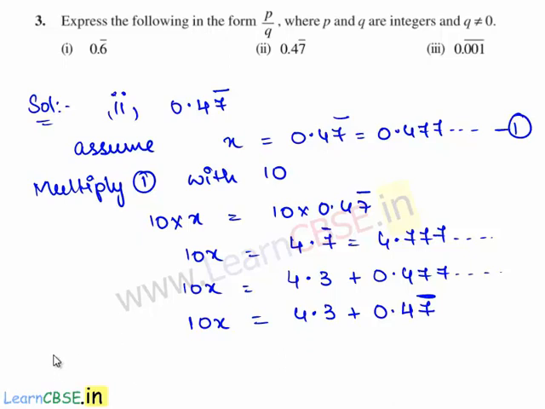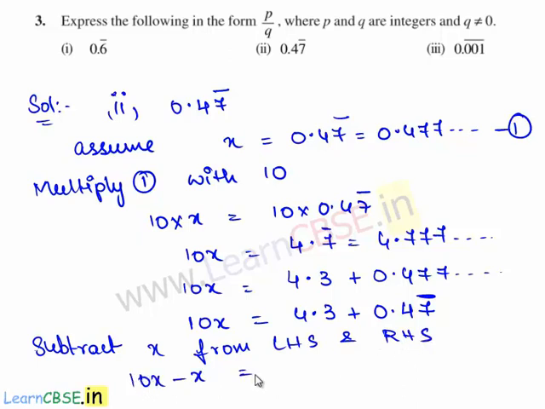So now from the obtained equation we shall subtract x from both LHS and RHS. So now 10x minus x is equal to 4.3 plus 0.47 bar minus x.